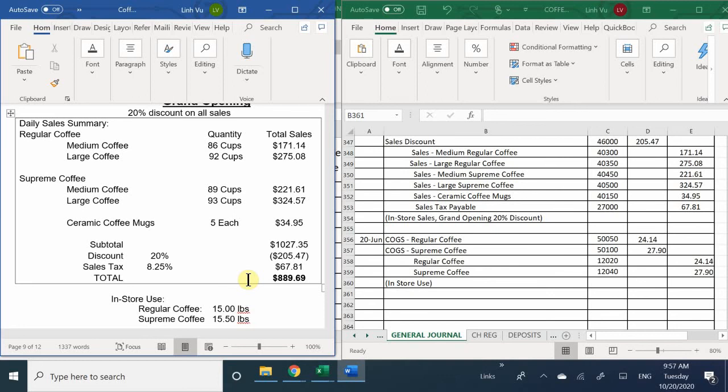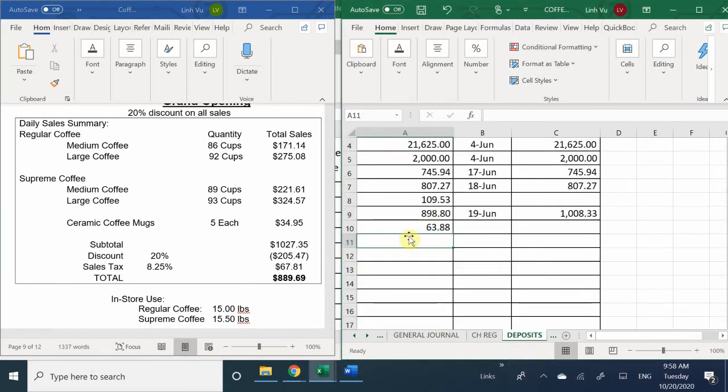There is one more thing that we forgot to do. What did we do with the cash? Deposit. Well, did we deposit it already? Oh, yes, we left on the deposit. We haven't deposited the money yet.